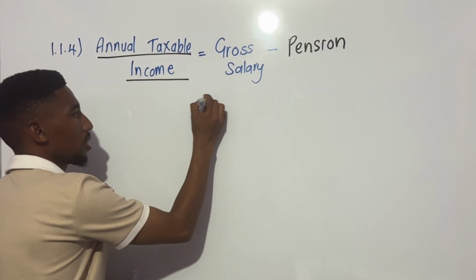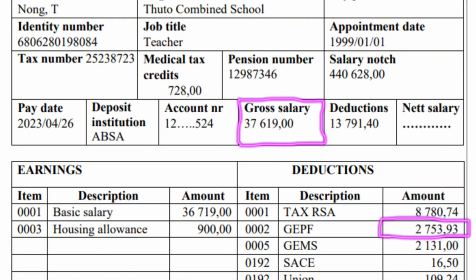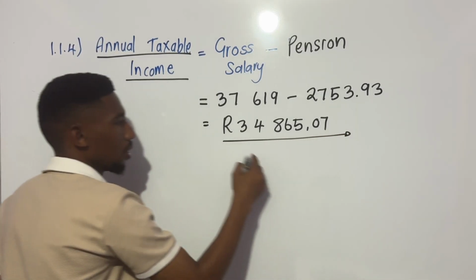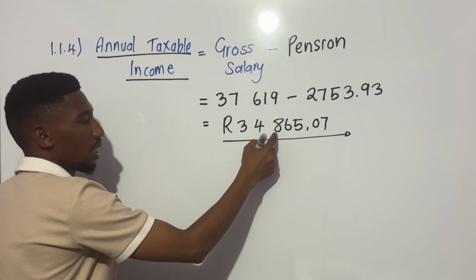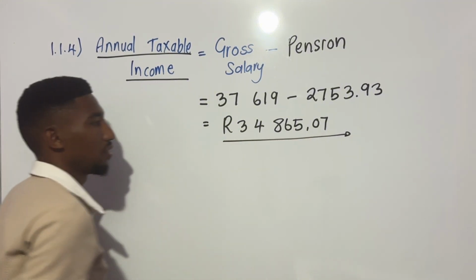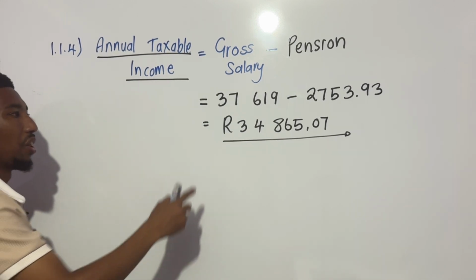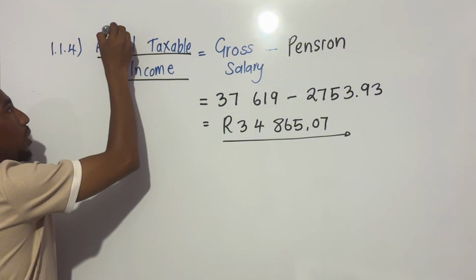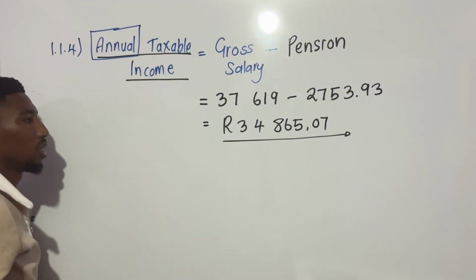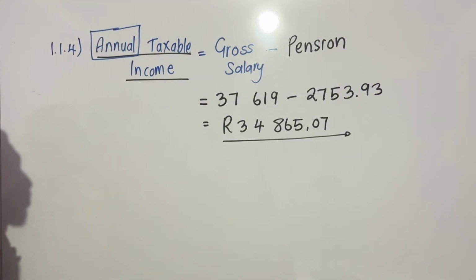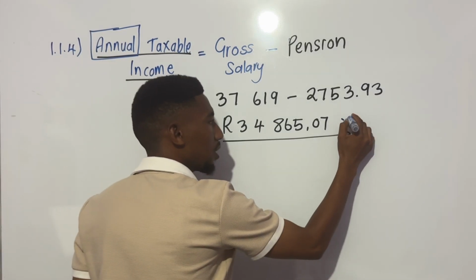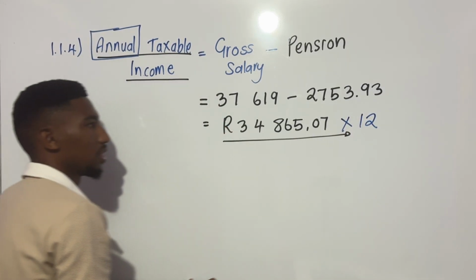In Ms. Nong's case, we take the gross salary, which is 37,619, and you minus the pension, which is 2,753.93. This answer is 34,865.07. But it is very important to note that this is monthly. We need to know the annual taxable income, so we still need to multiply this by 12.